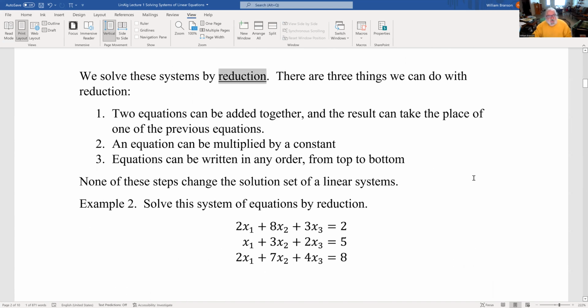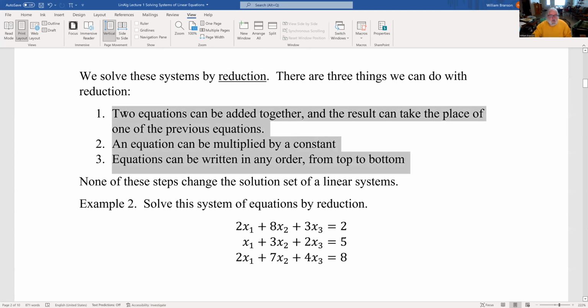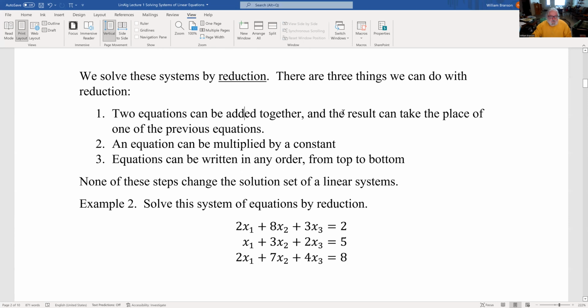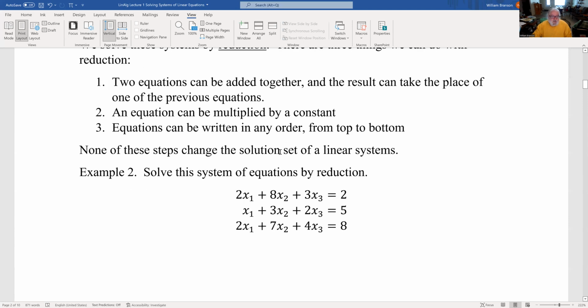Now we solve these things by reduction. And generally what we can do with reduction is these 3 things. You can add 2 equations together and the result can take the place of one of the previous equations. An equation can be multiplied by a constant, and equations can be written in any order from top to bottom. None of these steps actually change the solution set of a linear system of equations. Changing the order of equations doesn't change what the solutions are. Multiplying an equation by a constant that's not 0 doesn't change what the solution set is.